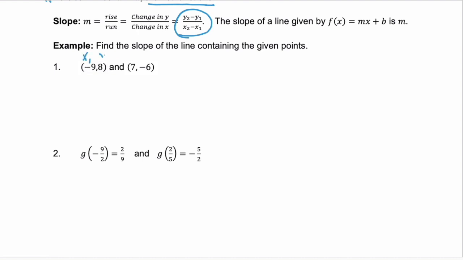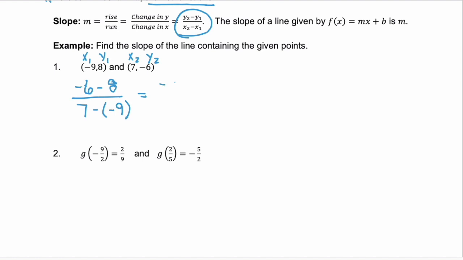So I'll call this first ordered pair x1 and y1, and the second one x2 and y2. Remember, it doesn't matter just as long as your x1 and y1 are from the same ordered pair. So that gives us negative 6 minus 8 over 7 minus a negative 9.